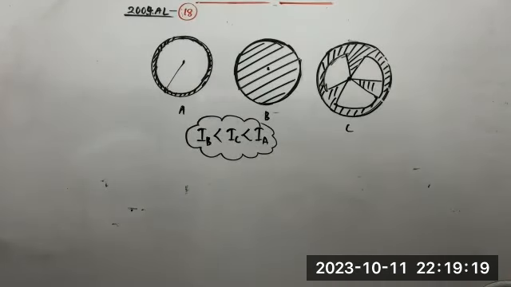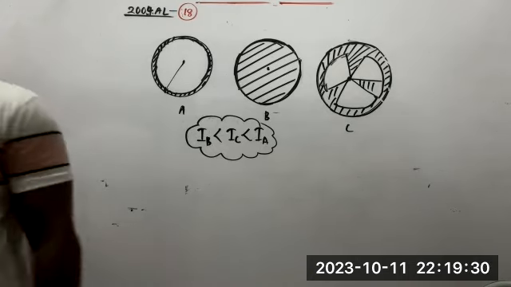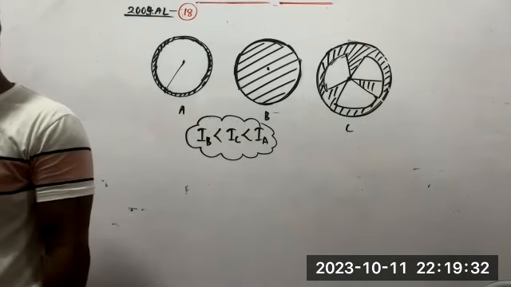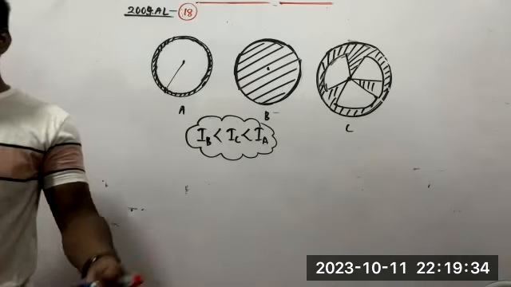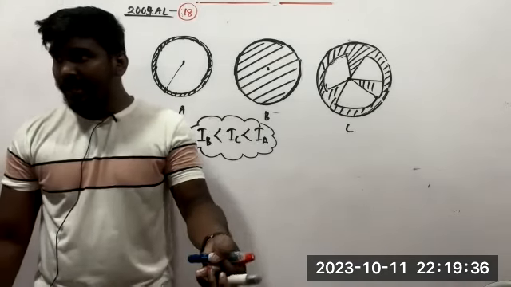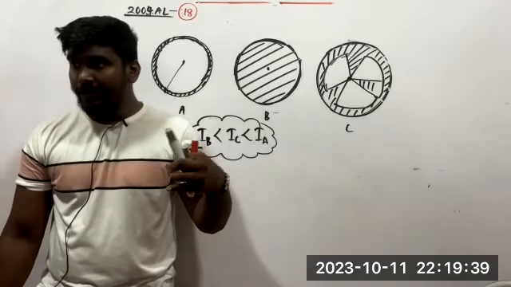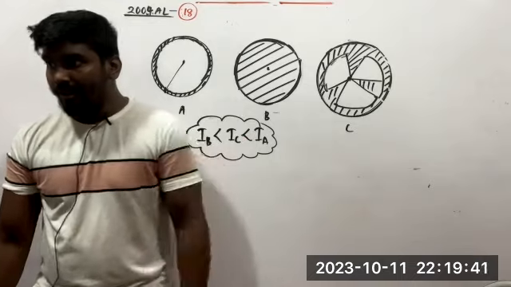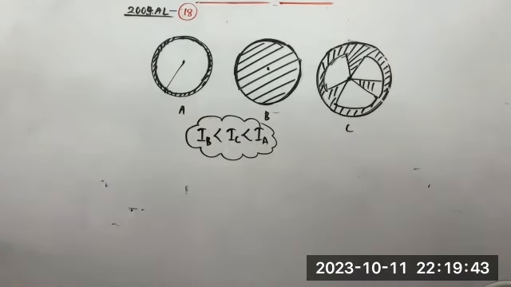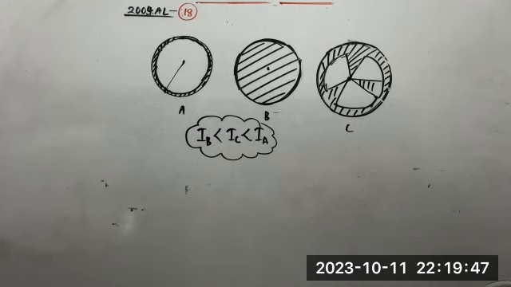Then we'll discuss the next one, 2005 A level, question number 38. The uniform circular disk of radius capital R and mass capital M rotates with uniform angular speed omega.